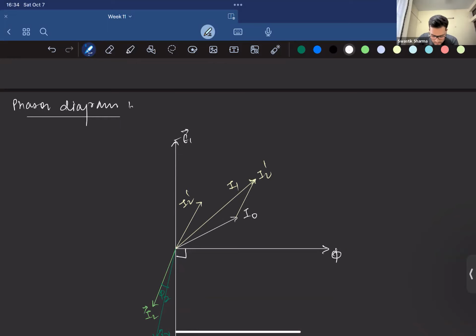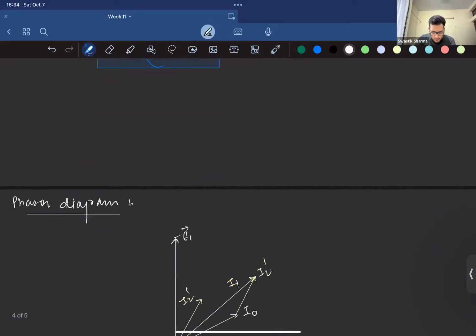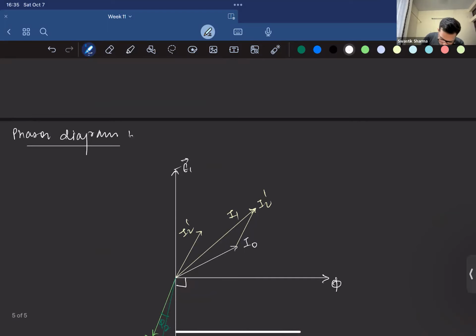Okay. Now we know that phasor addition of E1, I1 R1 and I1 jX1 will give us V1, right? Let's do it. So we know the I1 R1 will be in the same direction.